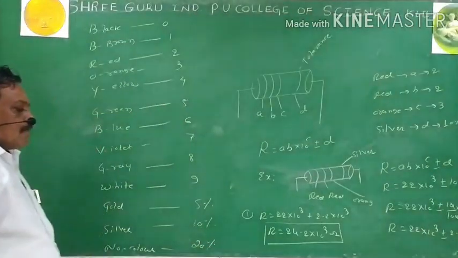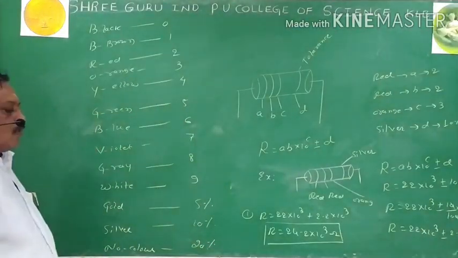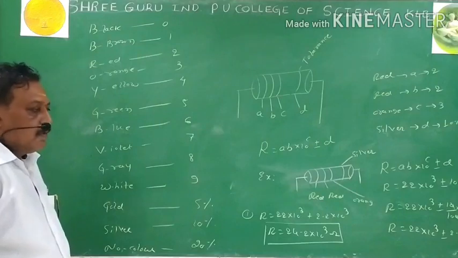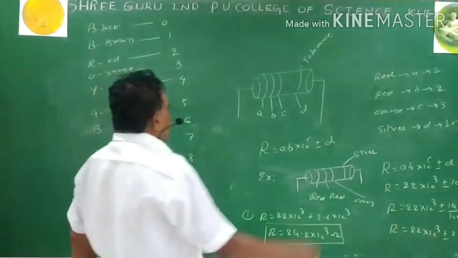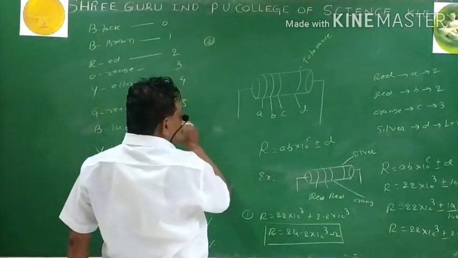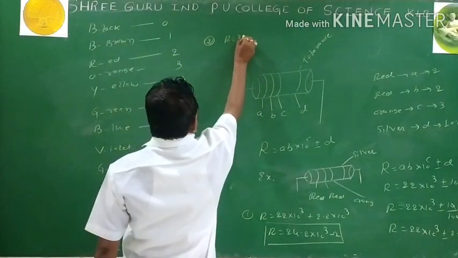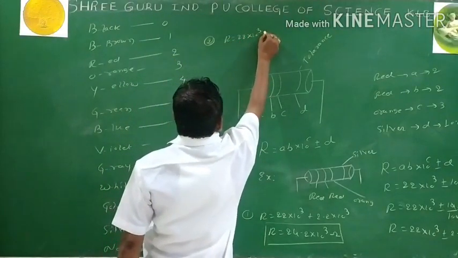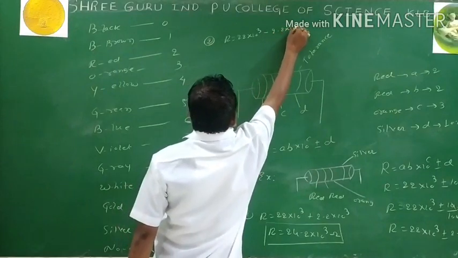What is the value of the resistance? Maximum opposition, that is nothing but 24.2 kilo. The minimum opposition I take for the second equation, that is nothing but R equals 22 into 10 to the power of 3 minus 2.2 into 10 to the power of 3.